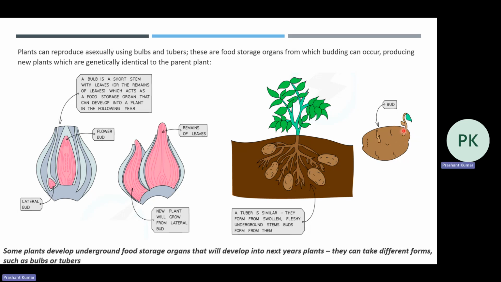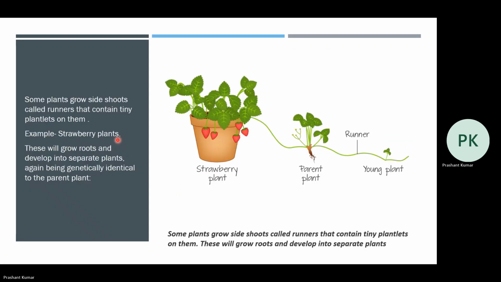Some plants develop an underground food storage organ that will develop into next year's plant. Later on, the tuber will help generate a new plant like this. They can take different forms, such as bulbs or tubers, so it's not restricted to any form. We need just one example here, so you can write tubers and bulbs.